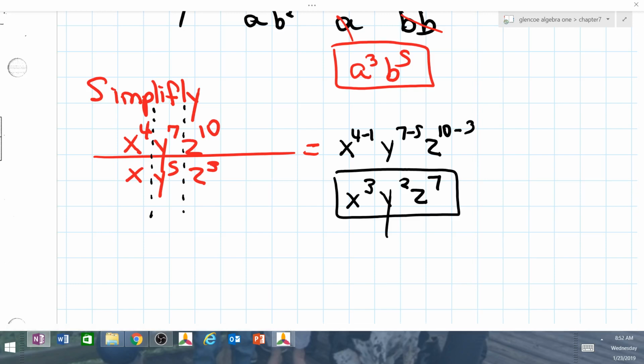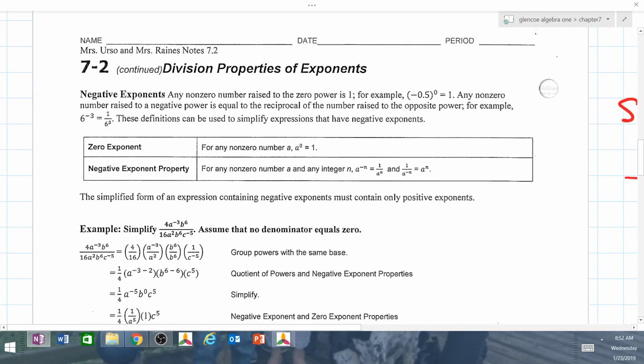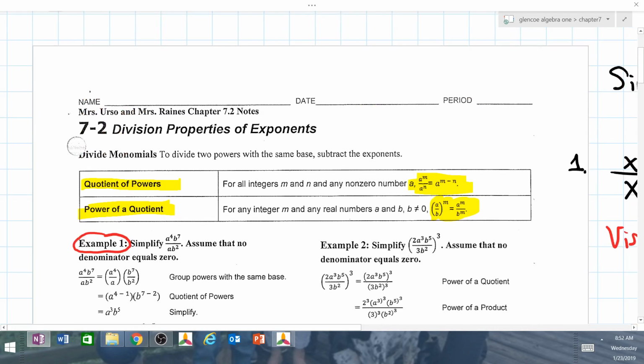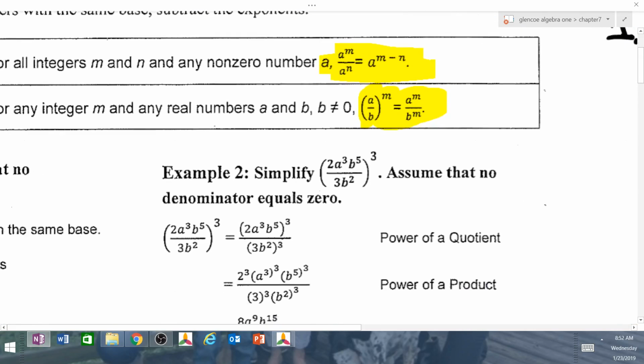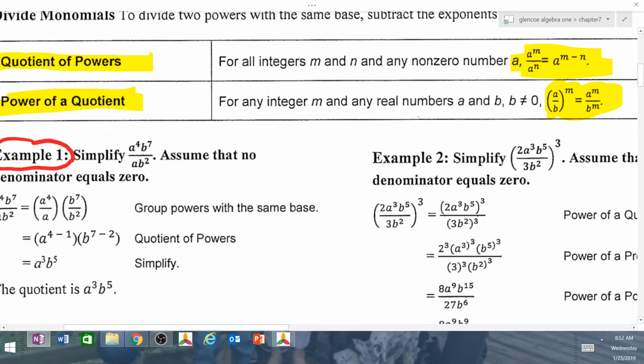Okay, let's go ahead and look at our second rule today. Our second rule is called the power of a quotient rule. The power of a quotient rule says this: for any numbers a and b, where b does not equal 0, a over b to the m power equals a to the m over b to the m. So what that means is everything that's in parentheses has to be taken to the power of m.